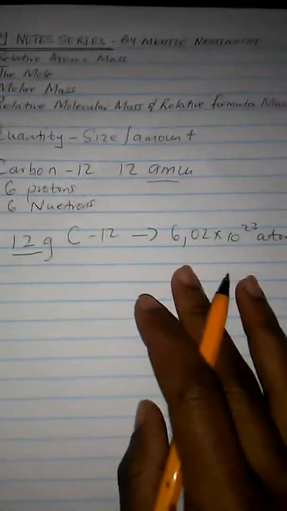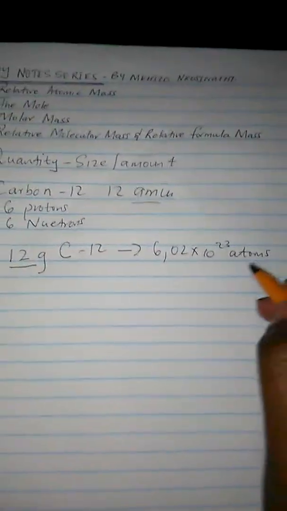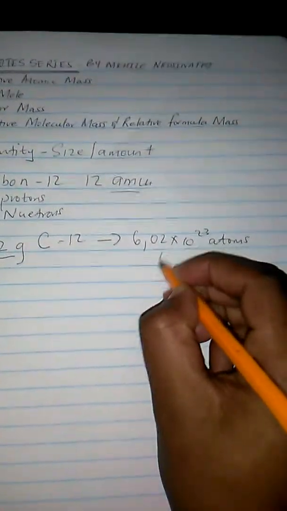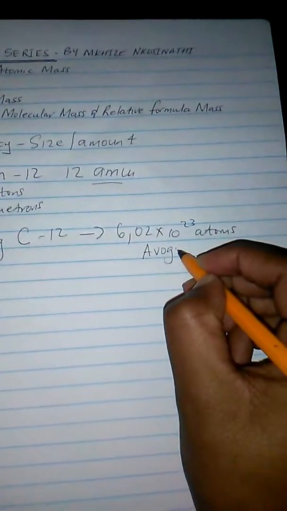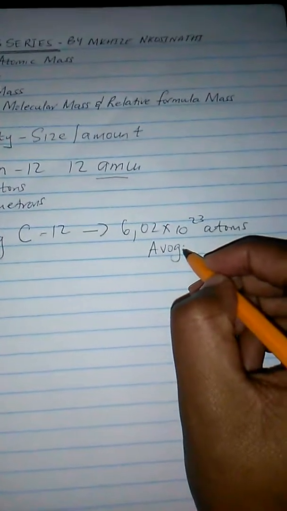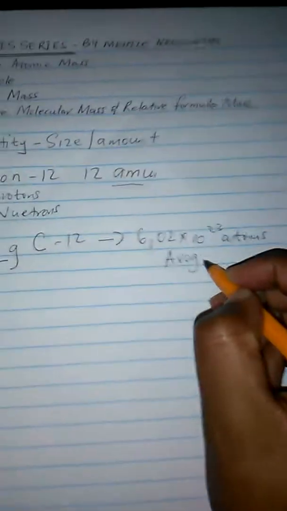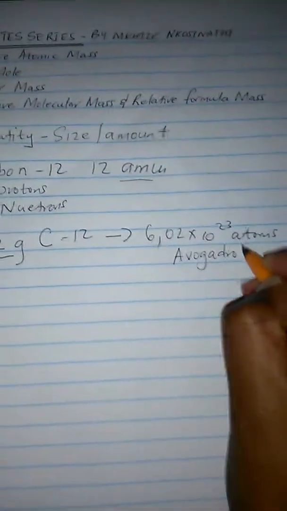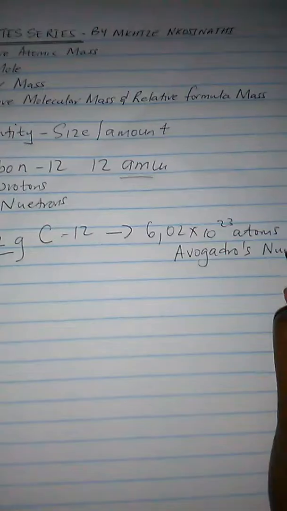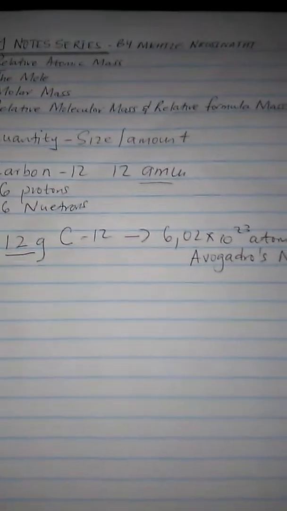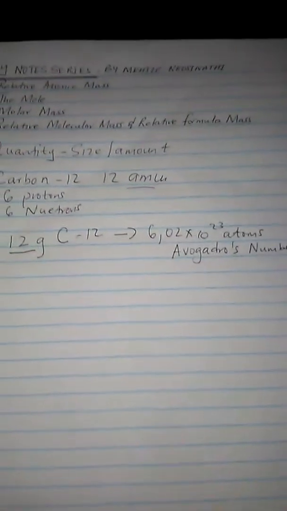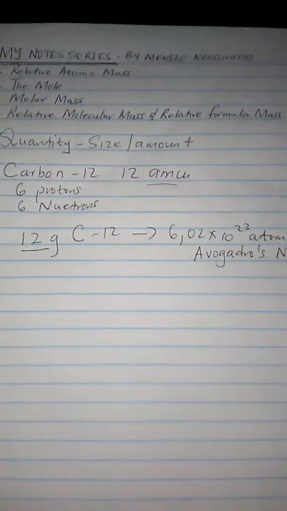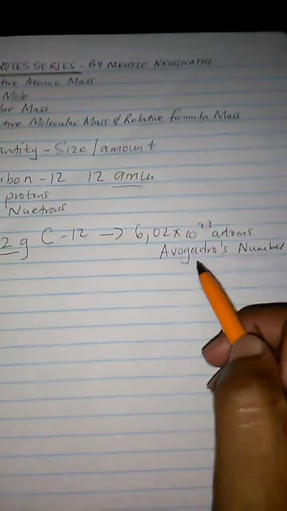And the scientist who discovered this was a scientist by the name of Avogadro. So this number is referred to as Avogadro's number. It is named after the scientist who came up with this system, which is the mole.